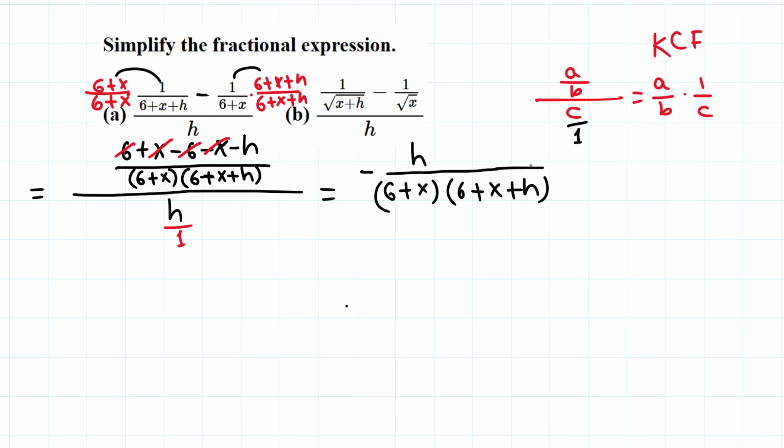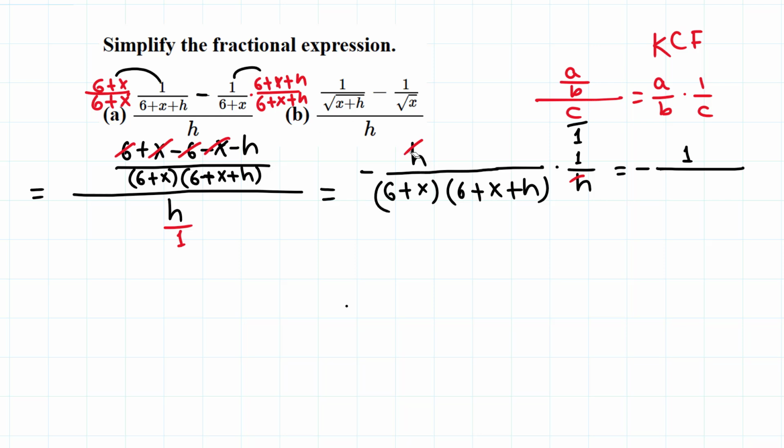Now division becomes multiplication, h over 1 becomes 1 over h. Now this h cancels. So the final answer is negative, this negative 1 over this, cancel means 1, not 0, 1 over this. So negative in the front, 1 over, and we don't distribute this one: 6 plus x, 6 plus x plus h.